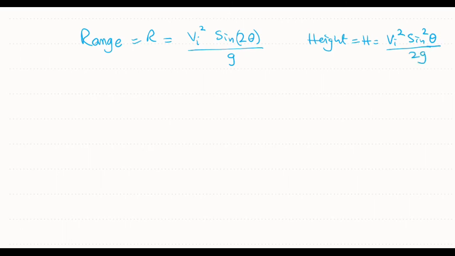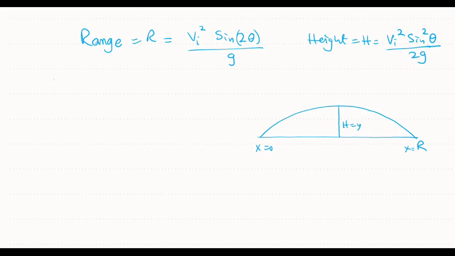If you want to use these equations, we'll do that to verify what we had got. So this is the h and this is the R. So x is 0, x is R, and this is the maximum height.